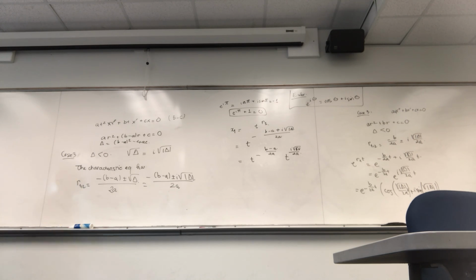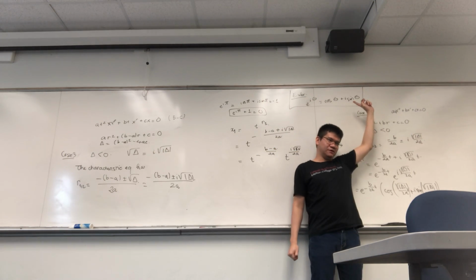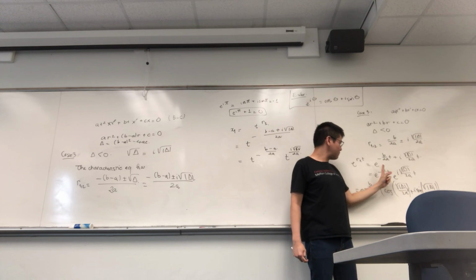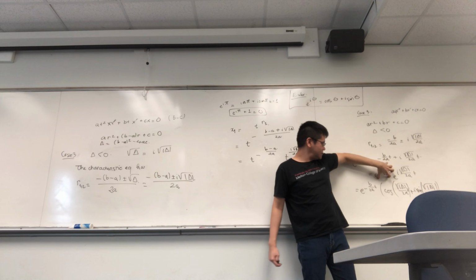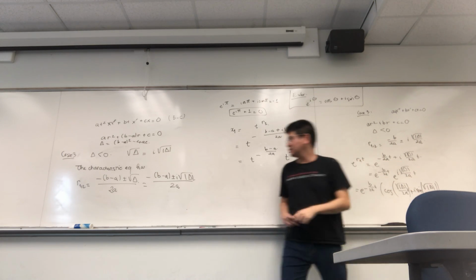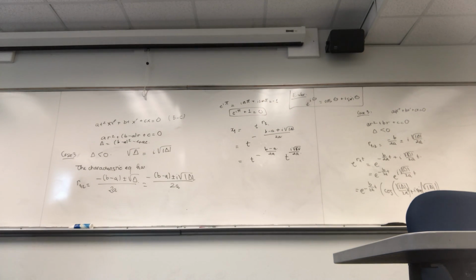So in this setting, we use the Euler formula. You have e to the power minus b over 2a t times e to the i square root of this term. The first is the standard exponential, and for the second you use the Euler formula. I said that for this case you're going to use the same kind of thing.